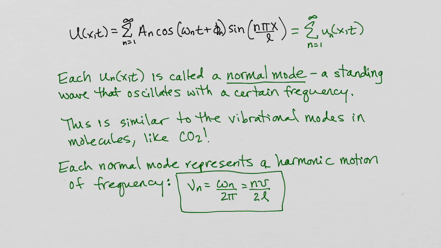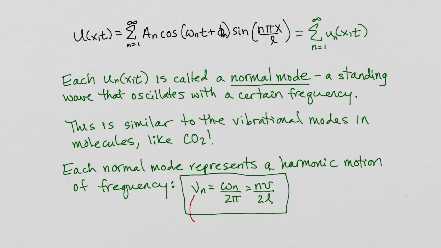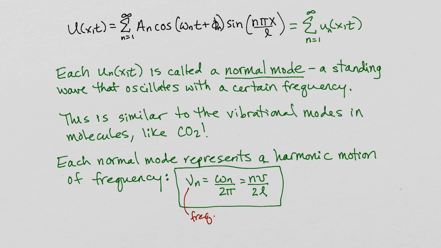Okay, so each normal mode in our wave equation here represents a harmonic motion of frequency, where our frequency is a nu. Okay, so let's be clear. Remember, the difference between our nus and our v's is very important. So this would be a frequency, that's our nu.